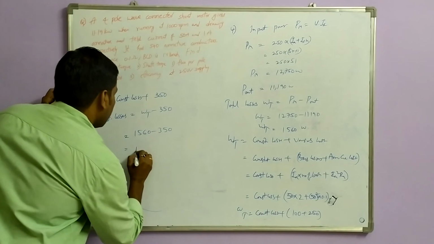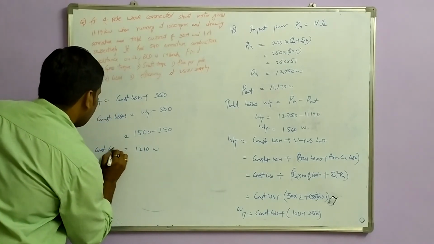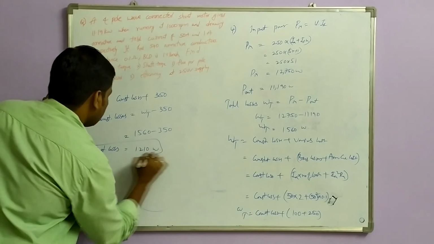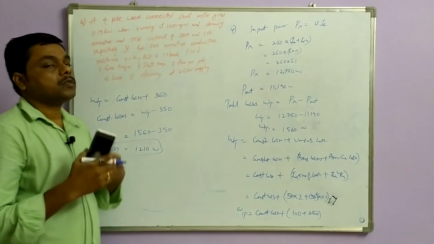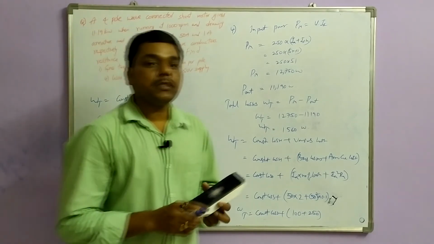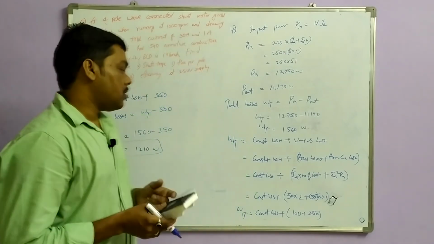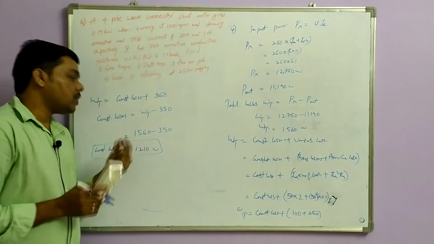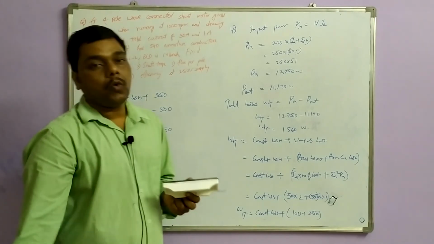So how much are you getting? 1210 watts are the constant losses. Now constant losses we are able to separate. If the shunt field resistance is given, we can separate them into iron and mechanical. So we can call it constant losses, 1210 watts. These are fixed, independent of the load.